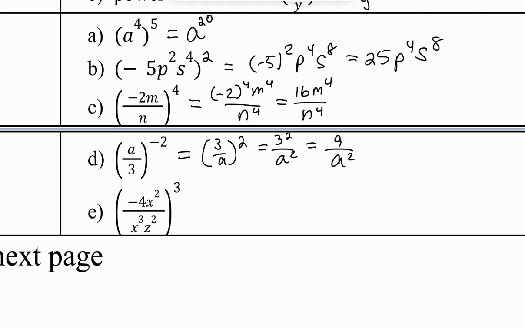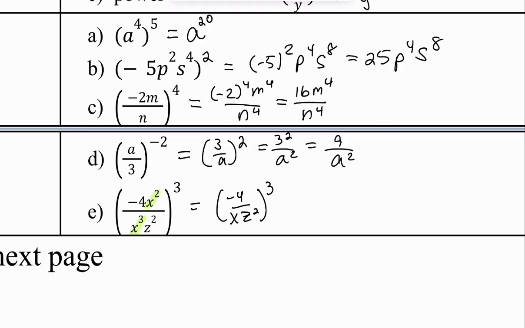Does anybody notice what variable is on top that's also on the bottom? What variable on top and on bottom is an x? So where do we have an extra x? Do we have one extra on the top or one extra on the bottom? We have one extra on the bottom. So let's just simplify that fraction first.